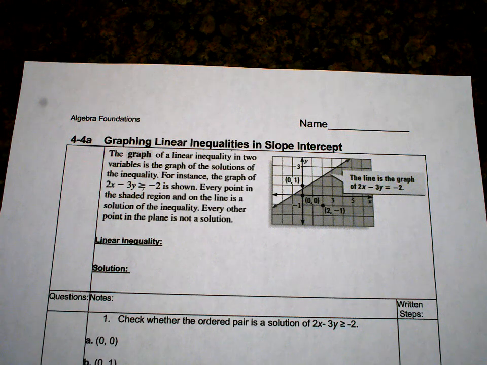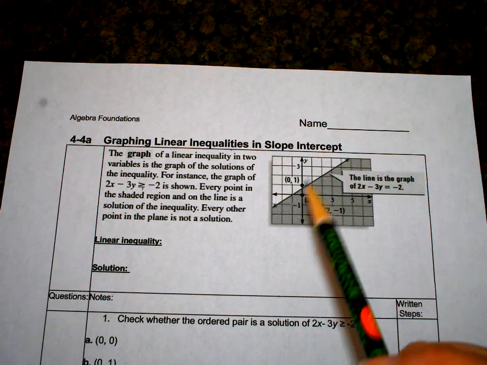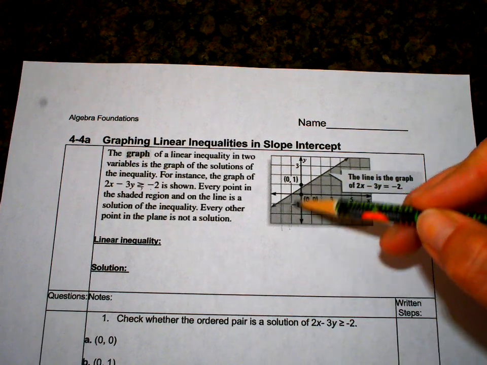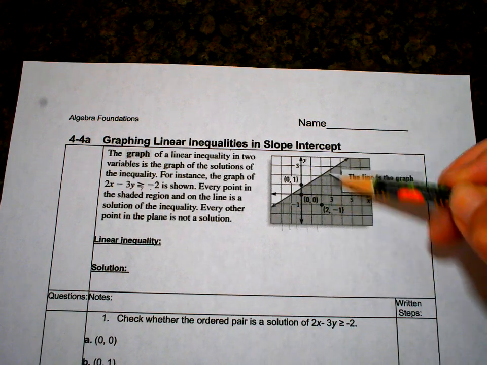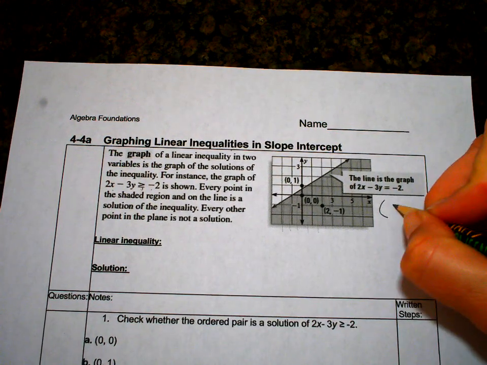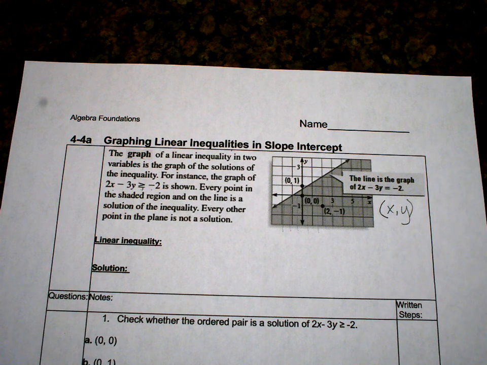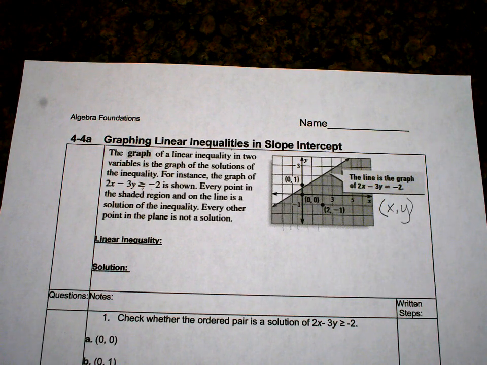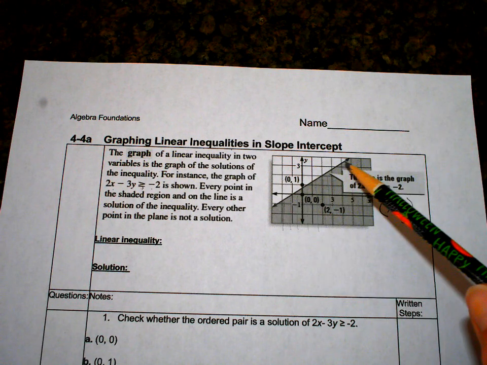So we're actually going to say that this equation means this line, and that all of the answers, all of the ordered pairs that would plug in for my x comma y, are in this shaded region. So there are many, many ordered pair answers that are solutions, not just the dots on the line.